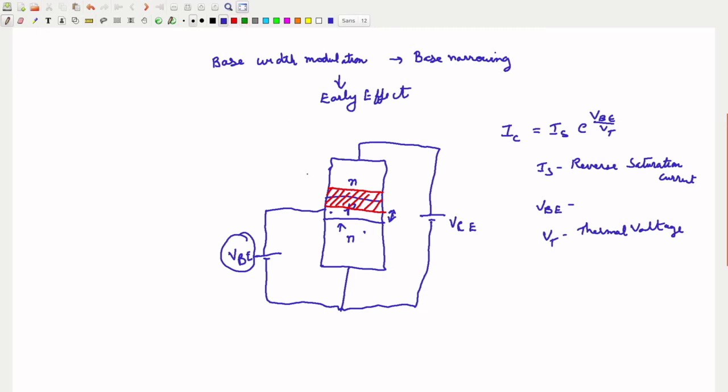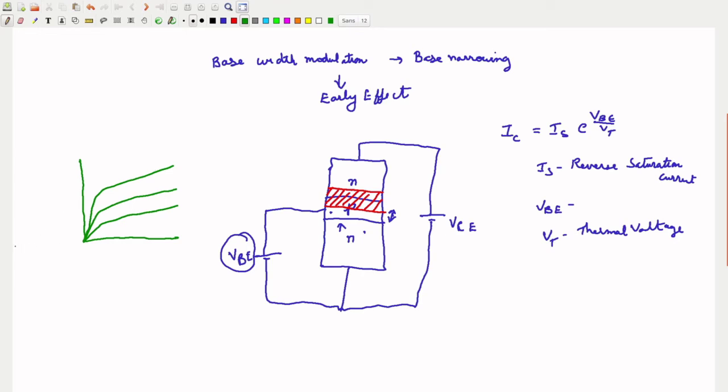As per the explanation, we know that due to the base width modulation, there is an increase in collector current. If we remember the characteristics, we had a flat IC for a particular IB, but in this case there will be a slight inclination, which is due to the early effect.